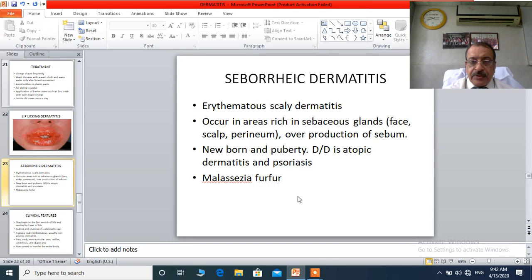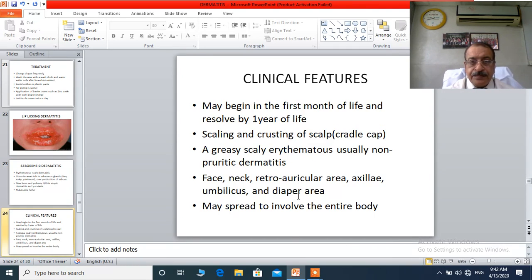There is probably overproduction of sebum, and this condition is seen during the newborn period and then at puberty. So there may be an effect of hormonal changes that causes seborrheic dermatitis. Malassezia furfur is a fungus that is said to be implicated in the pathogenesis of seborrheic dermatitis.